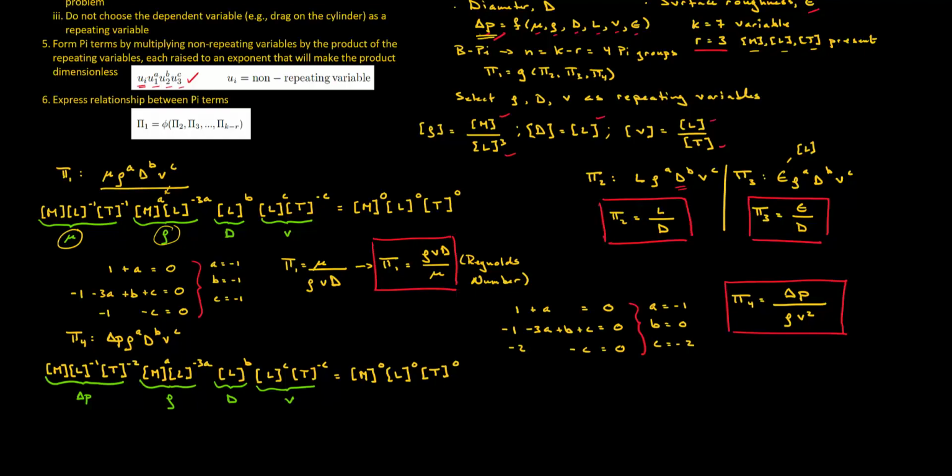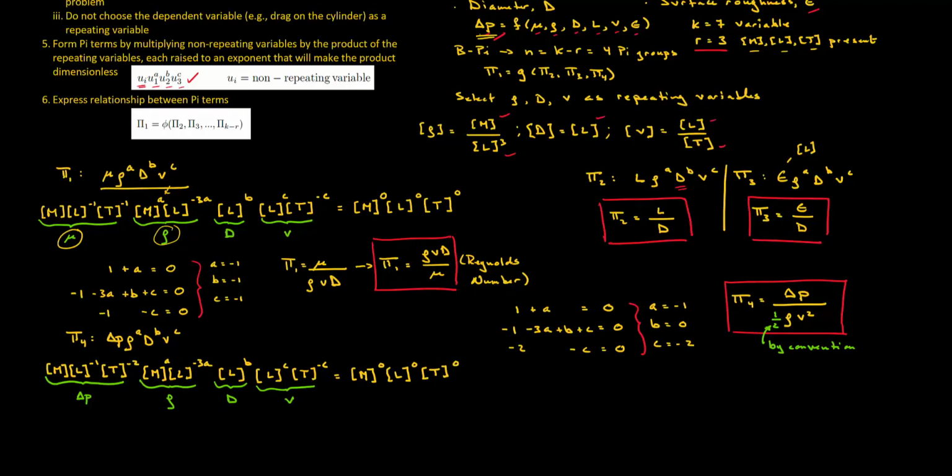In fact, by convention, what we will do is multiply this by 1/2 as it appears in Bernoulli's equation. And this is just by convention. We would add this 1/2, okay? But this is not obvious from our method of repeating variables, and it's absolutely not necessary to add that 1/2.